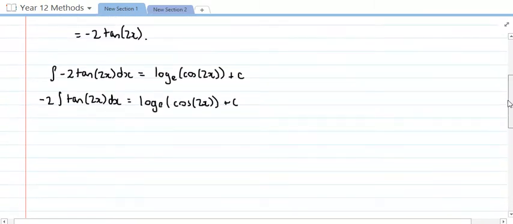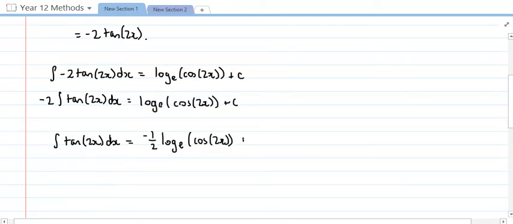And the last step really is to divide by negative 2 on both sides. So I get the final answer, the antiderivative of tan 2x with respect to x is negative half log e of cos 2x, and then I'm going to write plus d.